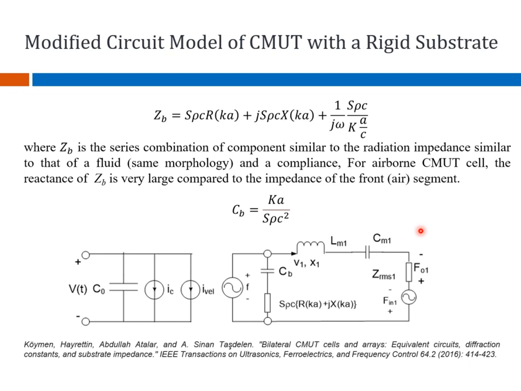But before that, some work has been produced by the CMUT research group in Bilkent, and what they suggest is to include the substrate loss, whether it is rigid or has a finite substrate thickness. The substrate thickness can be comparable to the wavelength, or less than the wavelength. It could be subfractional wavelength, but we have to include that impedance parallel to the transduction force in the CMUT models.